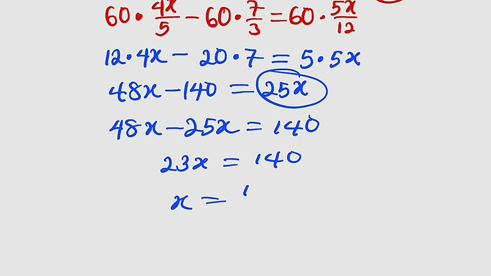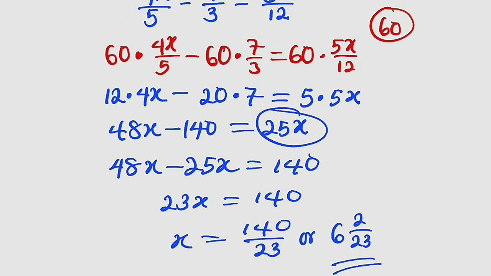X will be equal to 140 divided by 23. So this is the solution to this problem. Or if you like, you can write it in mixed number. How many times can 23 go into 140? Exactly 6 times, with a remainder of 2 out of 23. And this is the solution to this problem.